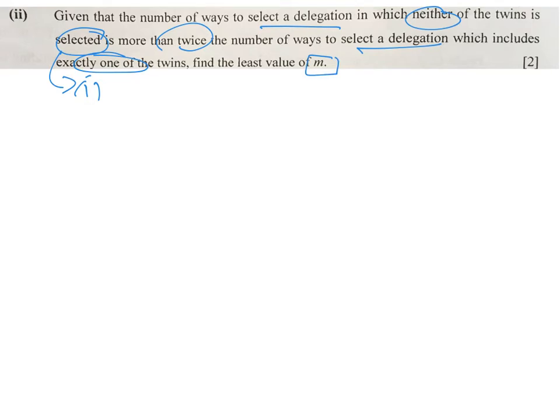What we need to do is to work out the number of ways to select a delegation which includes exactly one of the twins. So recall just now we tabulated the number of players in each sport. For badminton, floorball and swimmers, we have 5 players in badminton, m players in floorball including the 2 twins, and 6 swimmers.